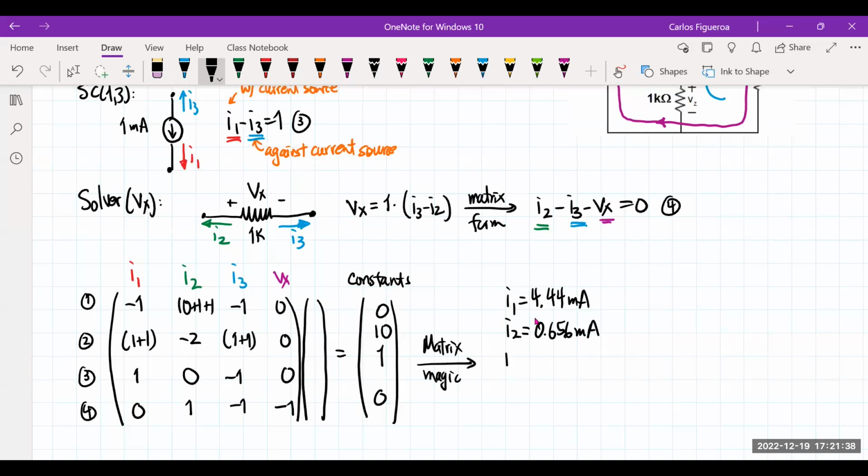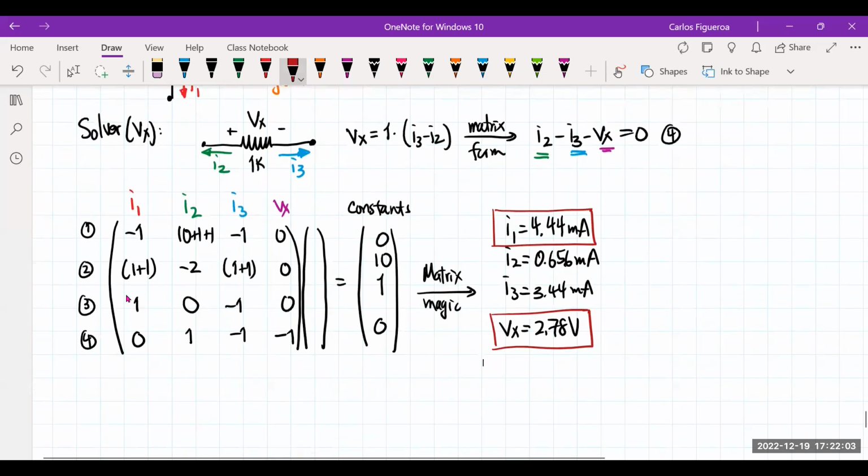I have I3 at 3.44 milliamps. And then I have Vx, which is 2.78 volts. One of them I wanted to calculate was current I1, there it is, and I wanted to calculate Vx.